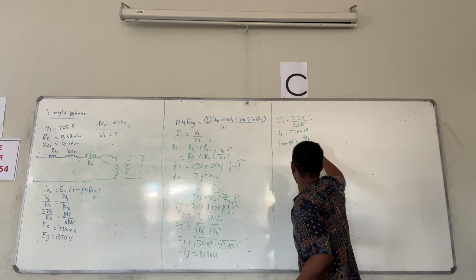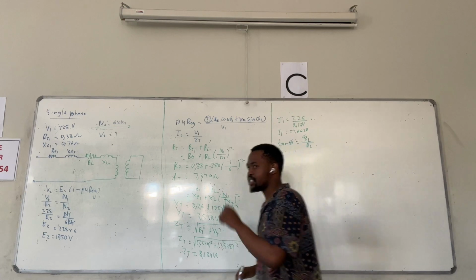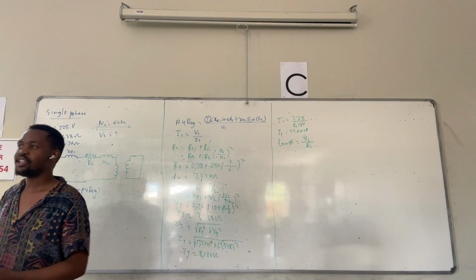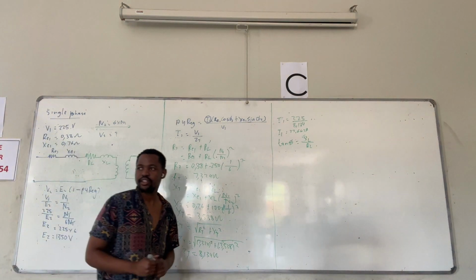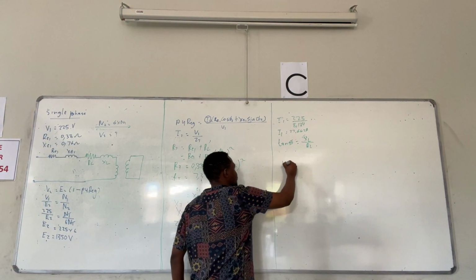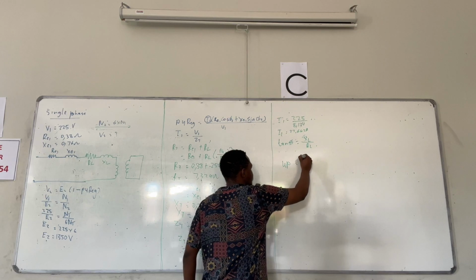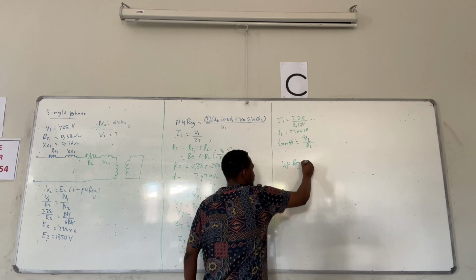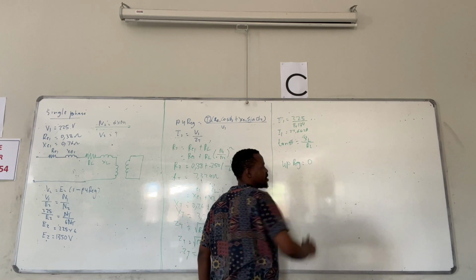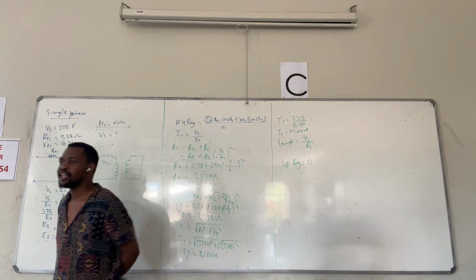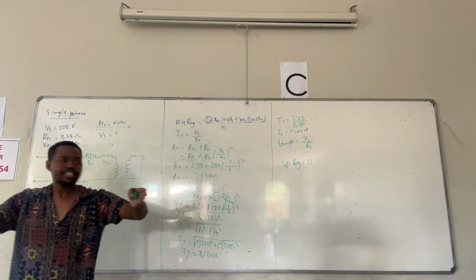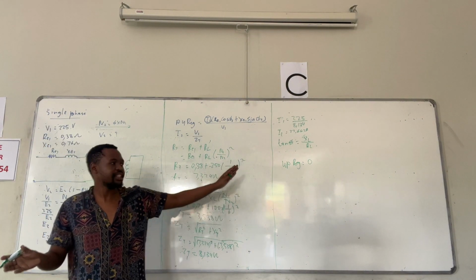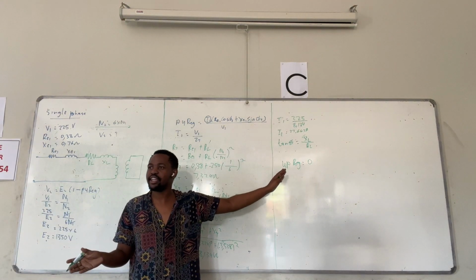Guys, what is the voltage regulation at no load? At no load, the per unit regulation is 0%, because the terminal voltage is equal to the open circuit voltage.